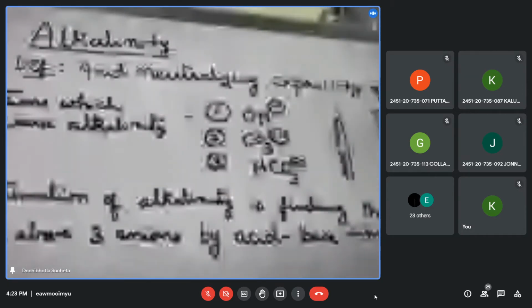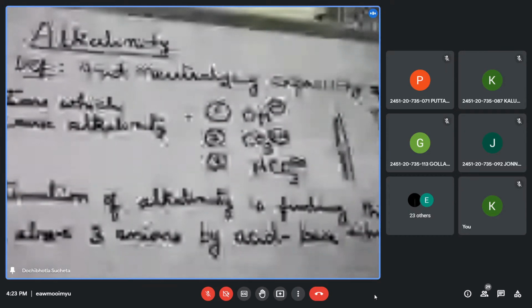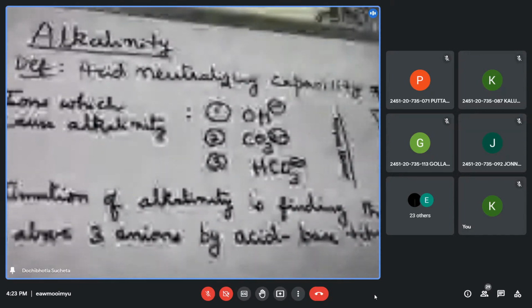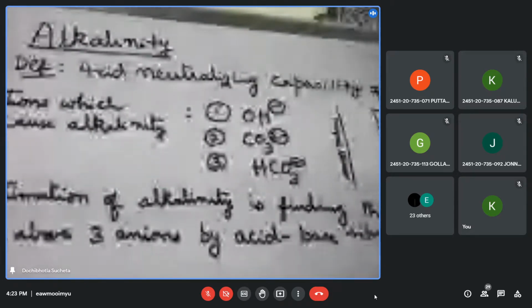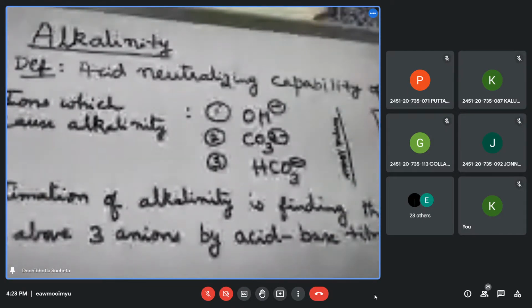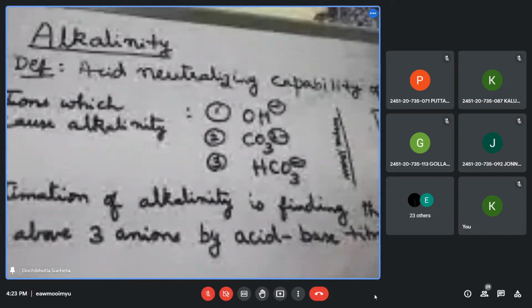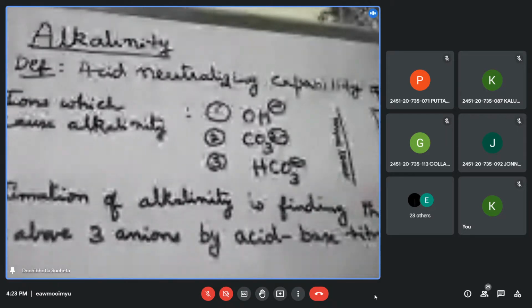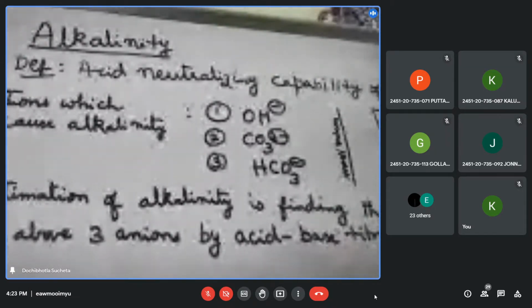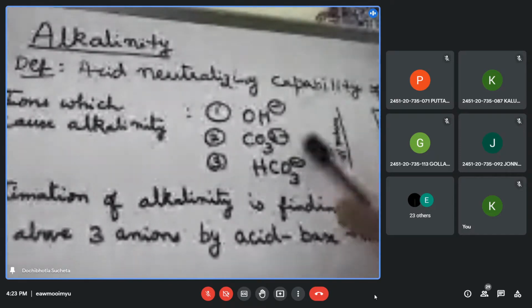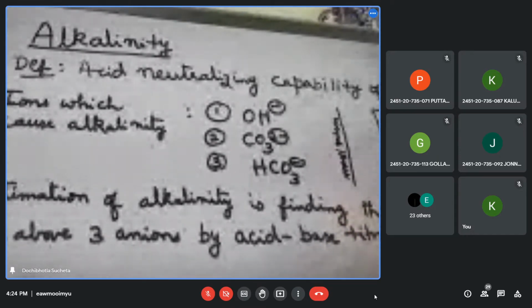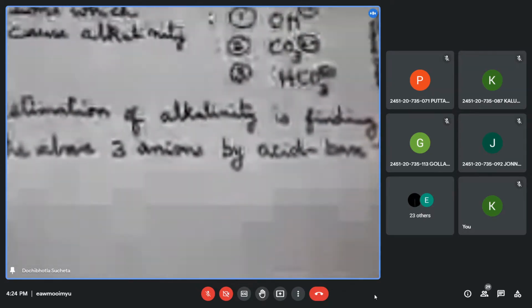So by this time you might have understood that any salt, whether sodium bicarbonate, sodium carbonate, potassium bicarbonate, or potassium carbonate, along with calcium carbonate, magnesium carbonate, calcium bicarbonate, magnesium bicarbonate, will lead to alkalinity of water. These hardness causing salts also contribute to alkalinity because they are associated with these three anions. So that's the third point. Hope everyone is catching it.